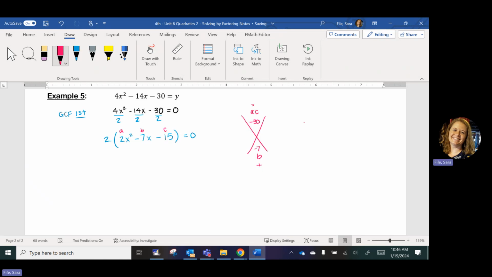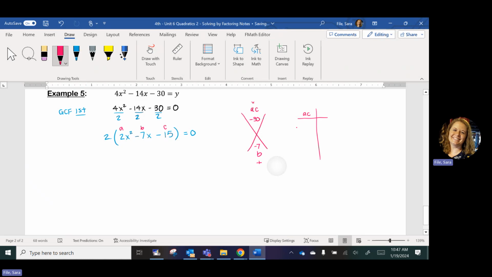You can list out the factors. Some people like to organize it as a table. So the factors of AC could be, well, first of all, it multiplies to a negative, so I know I'm going to have one positive and one negative, right? So it could be 30 and negative 1 or negative 30 and positive 1.